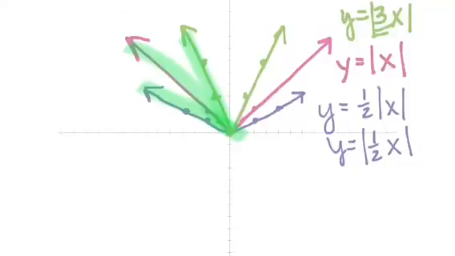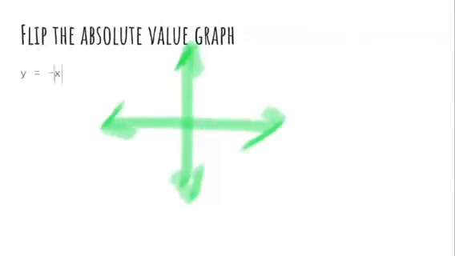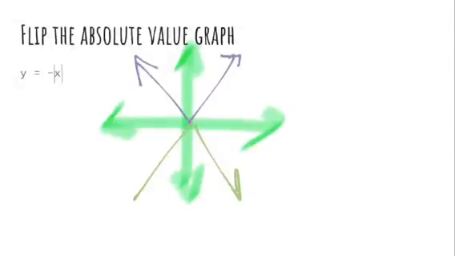Let's look at one more way an absolute value graph might be manipulated. It might be flipped upside down. So instead of your graph looking like a V, it may look like an upside down V. The way that it would look like an upside down V is if there's a negative outside of your absolute value.